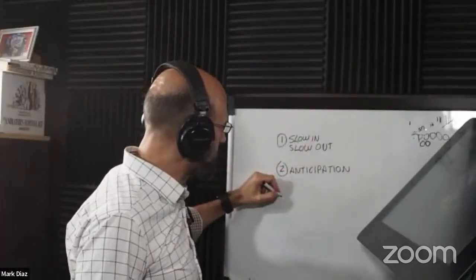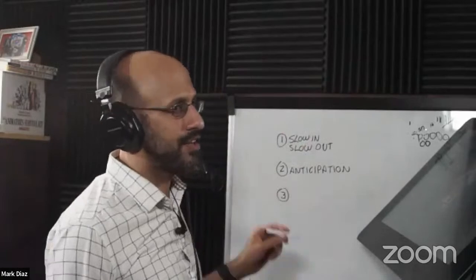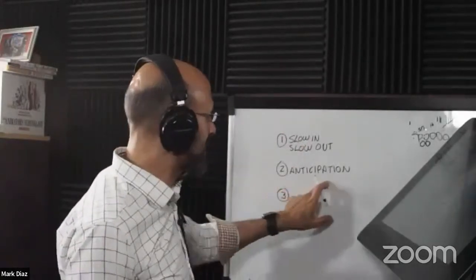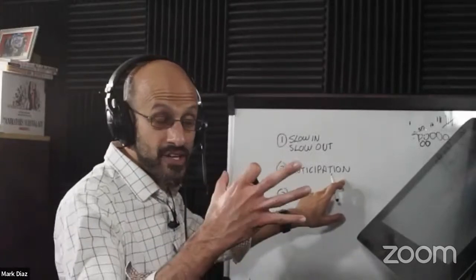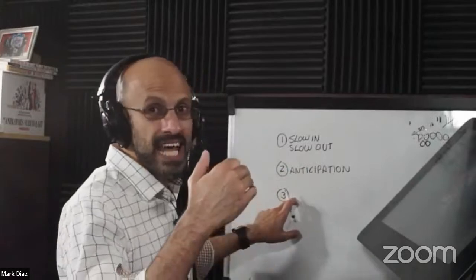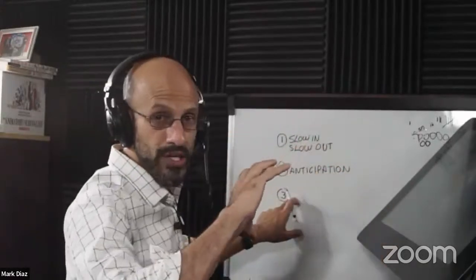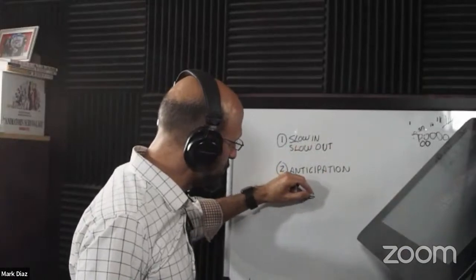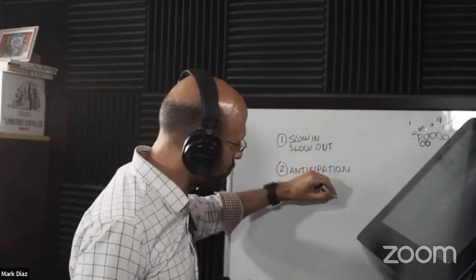And then anticipation. And then the third, this is where you take into account physics. You need energy before doing any action. And then this one is the aftermath. This is great for when you want to put inertia. It's called follow through.